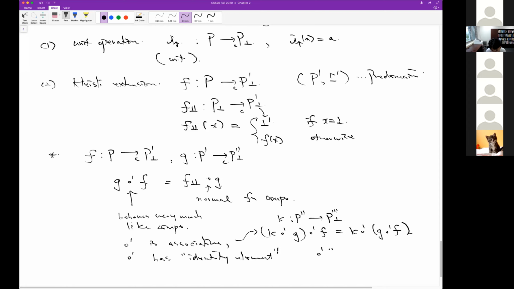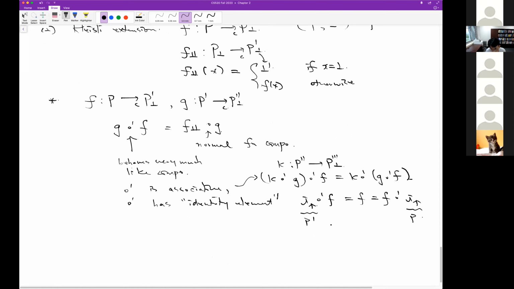So if you have f, then the lifting of the identity for P prime composed with f is the same as f, and that is also the same as f composed with the lifting for P. So this is very similar to the identity function being the identity element for function composition. And because these properties are true, this is called a monad.